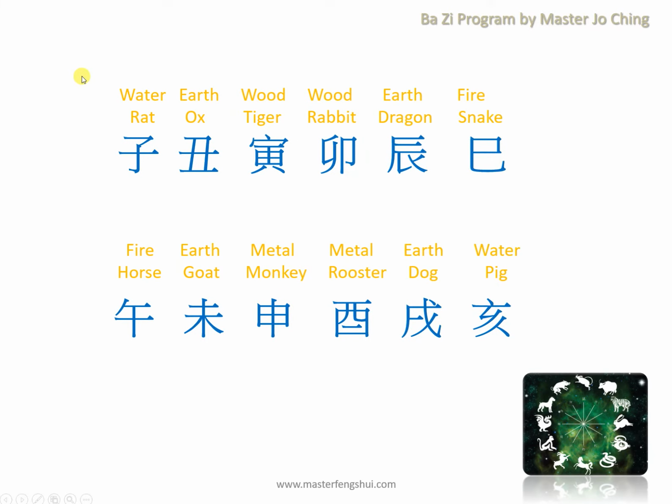And if I express them in terms of zodiac sign as well as the elements, first of all, this is the water rat. Then we have earth ox. Then tiger belongs to the wood element, rabbit belongs to the wood element, and so on and so forth. So these are the fixed elements that are assigned to each and every earthly branch.